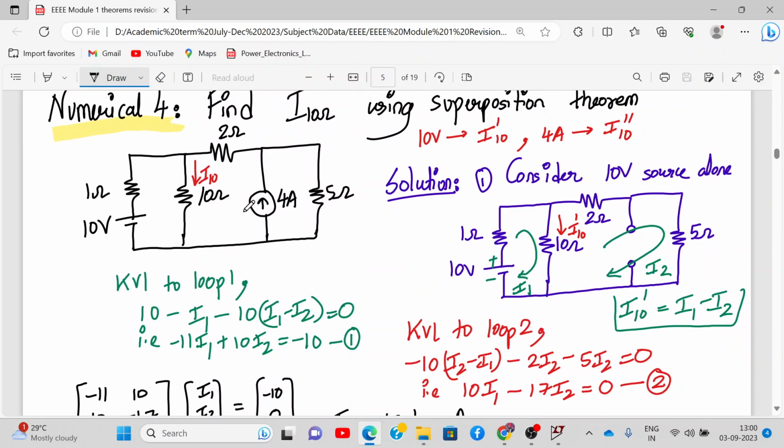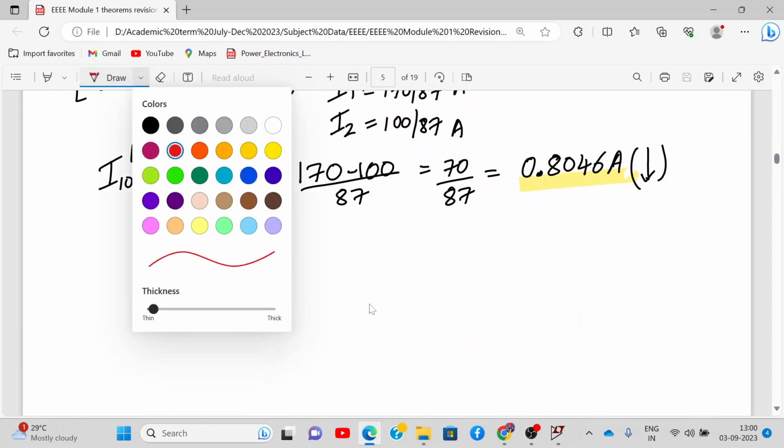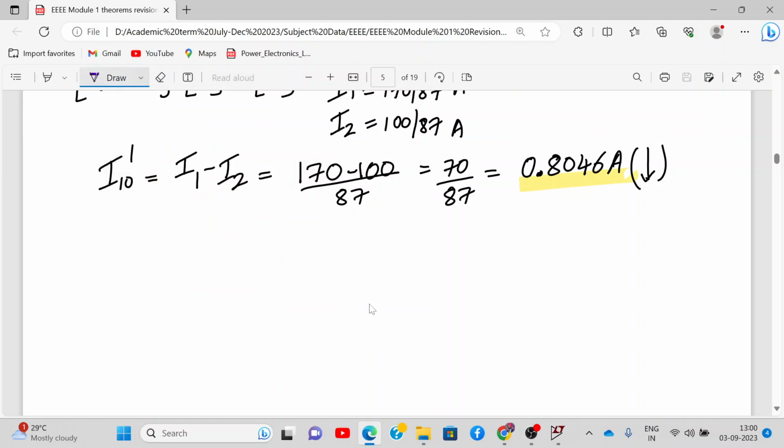In the next part, we will consider the 4 ampere current source and deactivate the 10 volt voltage source. Is that fine? Let's do it. Consider the 4 ampere source alone. So let me draw the circuit.